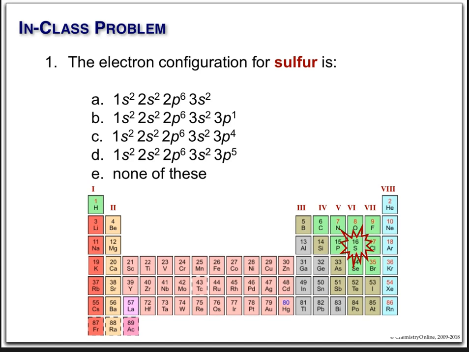Secondly, if this is in the third period, that means that the second period is full also. So we have 2 electrons in the 2s. A, B, C, D, yeah, they're all good. Third thing, the 2p is completely full. It can hold 6 electrons.